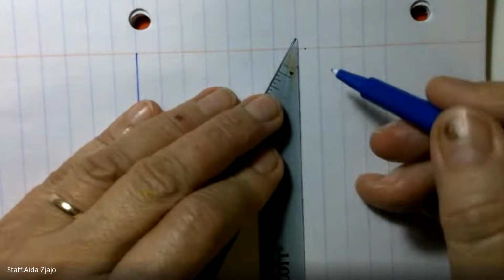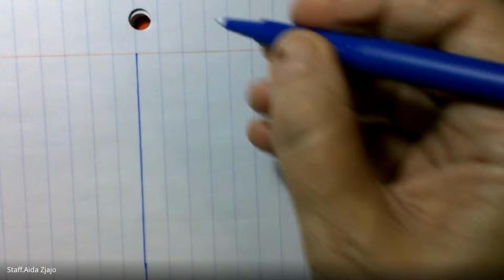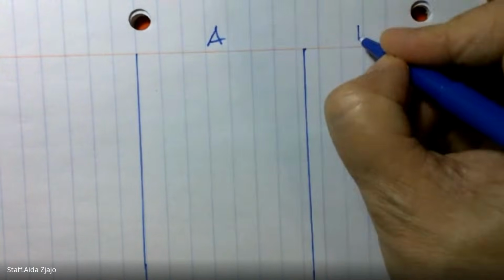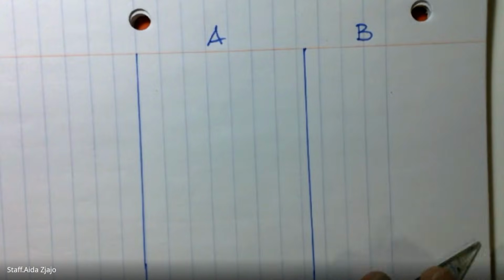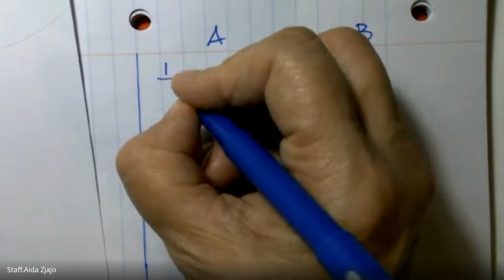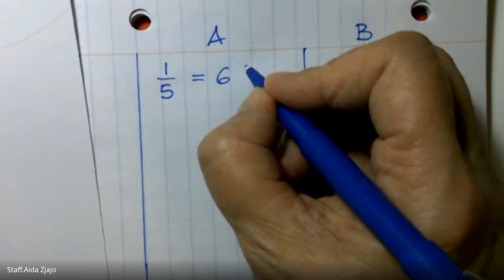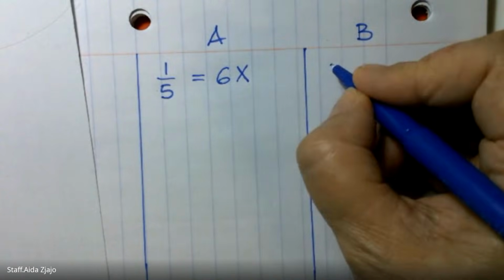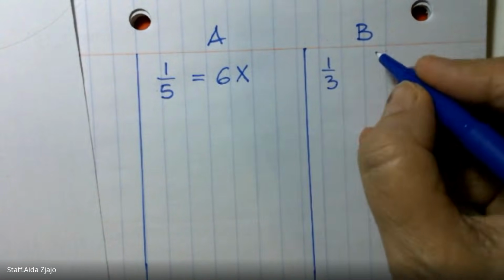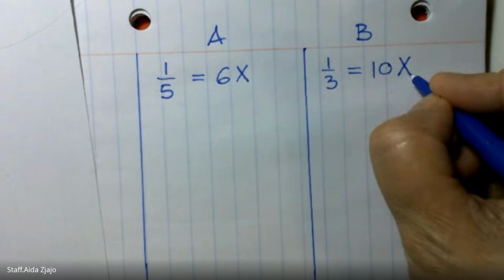Okay, one side is A, the other side is B. We have 1/5 is the same as 6x, and 1/3 is the same as 10x.